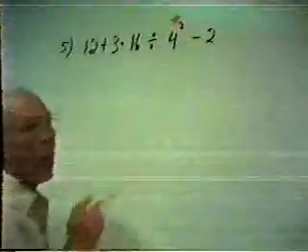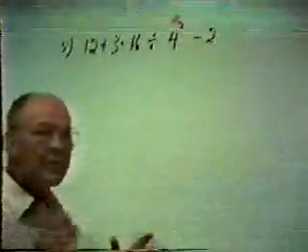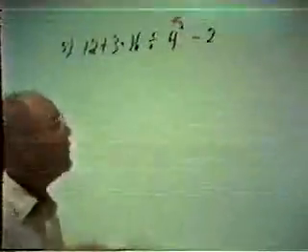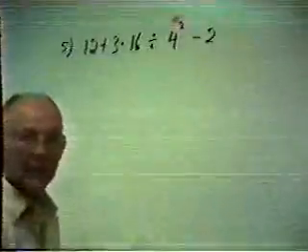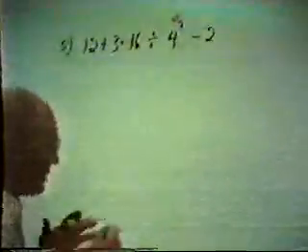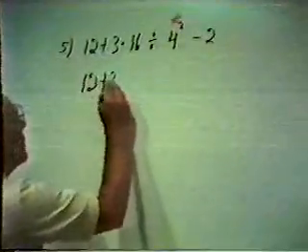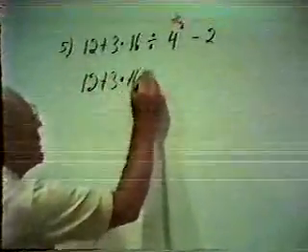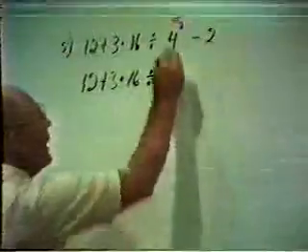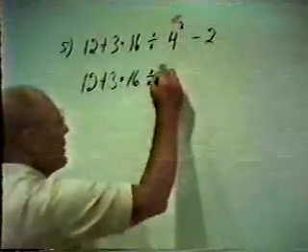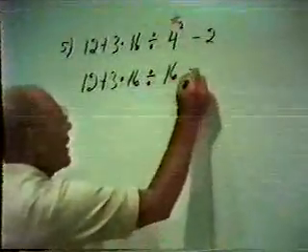Here I have a power. So the first thing that must be performed is that exponential operation. So your second step then, you would have 12 plus 3 times 16 divided by, when you simplify that, 4 squared, of course, is 16, then minus 2.